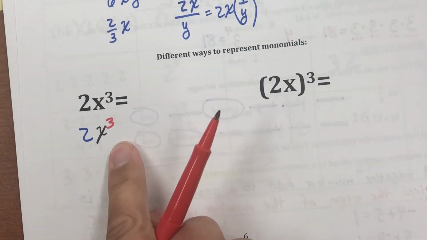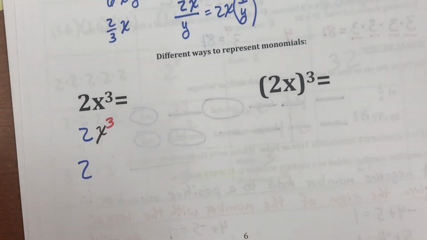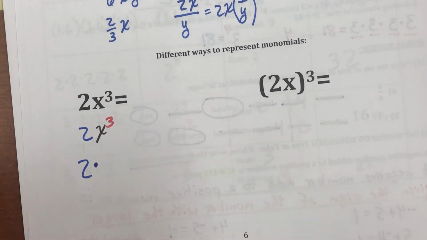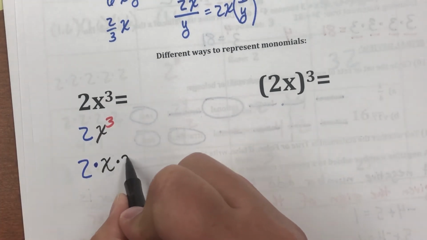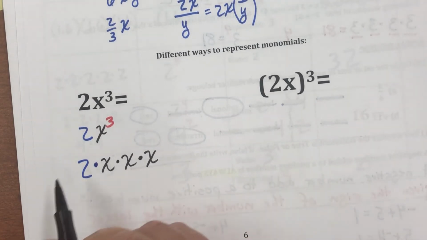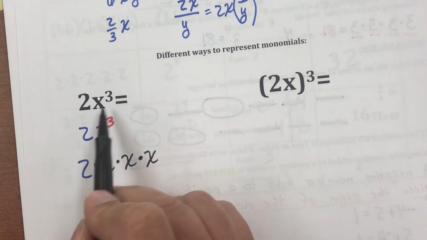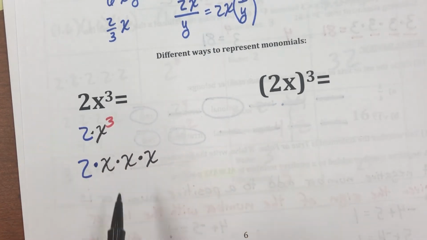Now, if I were to write this out, I would write 2, and I use a big dot for multiplication, times x times x times x. That would be the expanded notation. This is a monomial, and that is still a monomial, and that's the expanded notation.